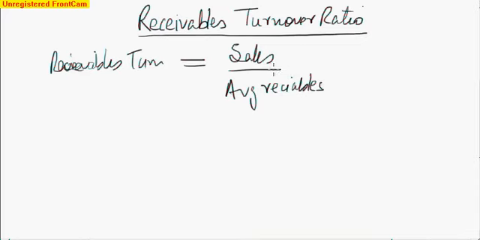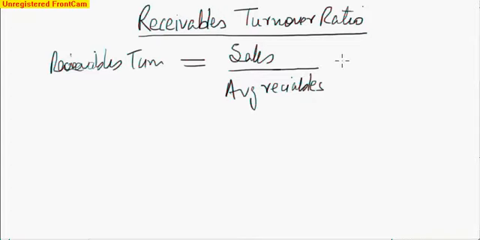What it means is how many times the receivables have turned to generate the total credit sales in an organization. For simplicity's sake, every organization considers the sales to be all of it, the sales to be credit sales for some time.